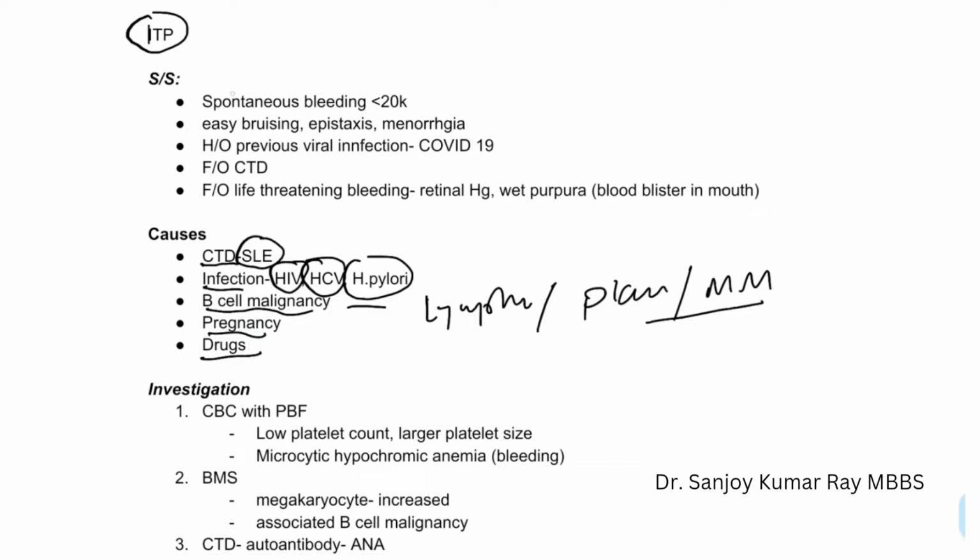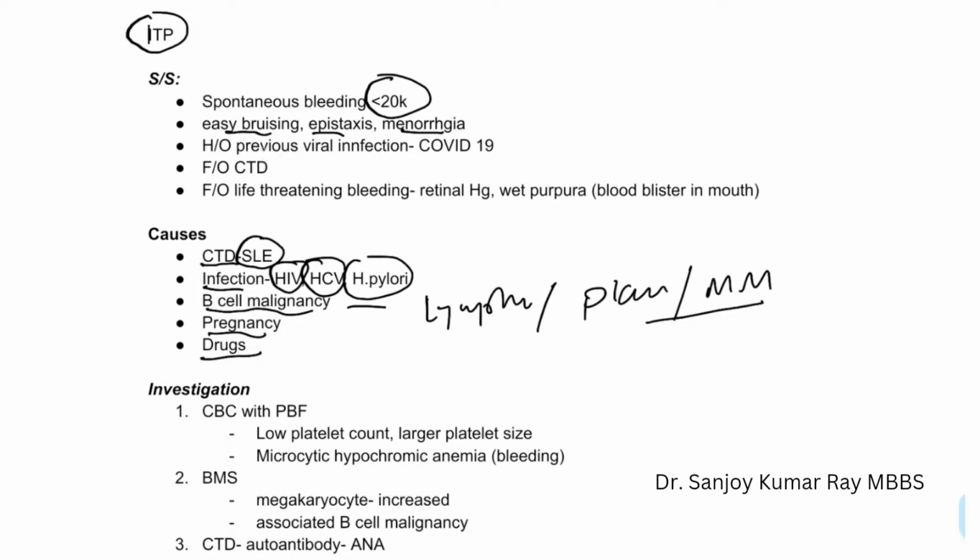On a clinical basis, spontaneous bleeding occurs when the platelet count goes below 20,000, and the patient may present with easy bruising, epistaxis, or heavy menstrual bleeding.